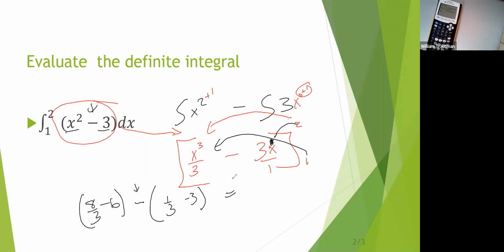And if you look, the answer is, and I don't want answers in decimal form, negative 2/3. By the way, you should be able to just hit math number 1, and it'll change the decimal to the fraction, negative 2/3. So when we integrate this function from 1 to 2, you should get a negative 2/3.